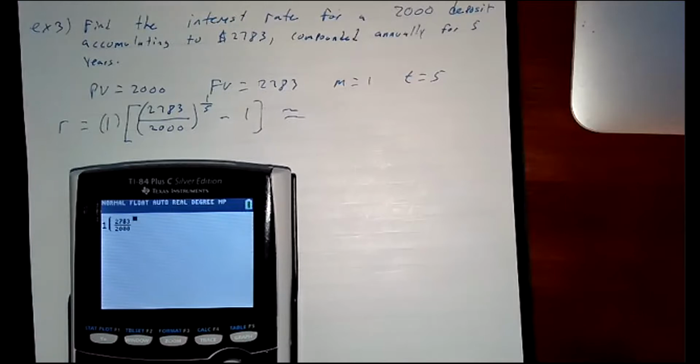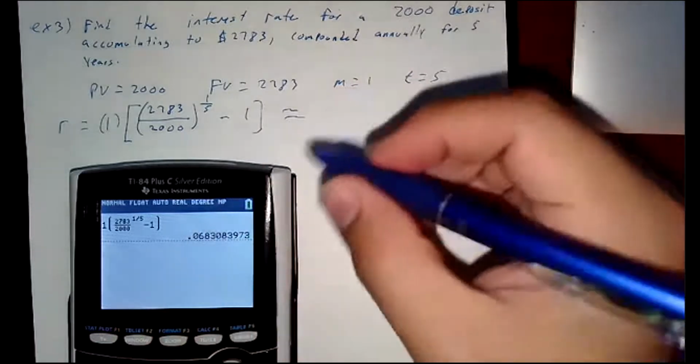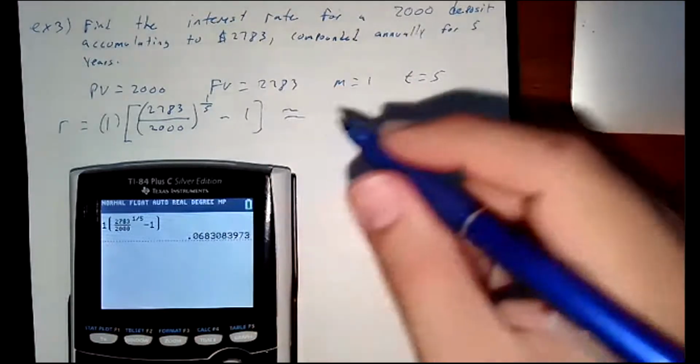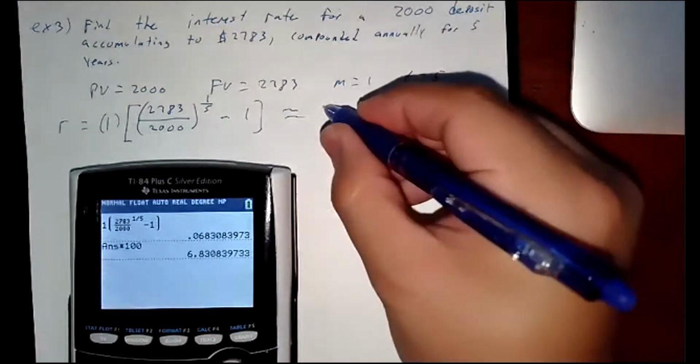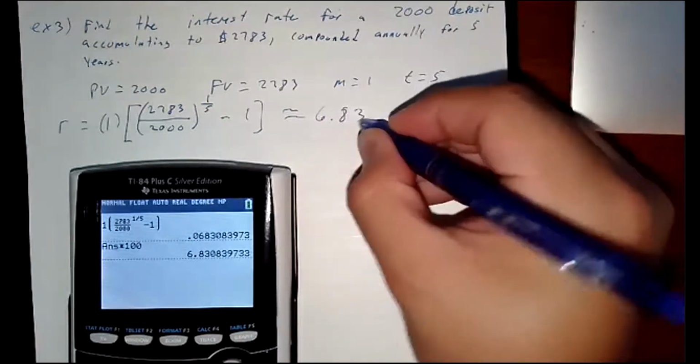So that fraction to the 1/5 power, everything minus 1, close parentheses. So the interest should be 0.068, so times 100%. That would be 6.83%.